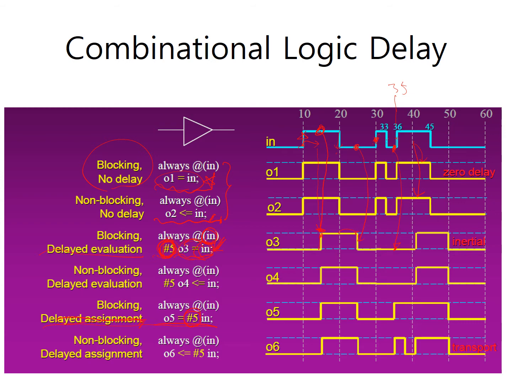Here is another 5 nanosecond delay, but while we wait for 5 nanoseconds, another input event happens. So this delayed assignment is ignored, and we evaluate the falling edge again with a 5 nanosecond delay.